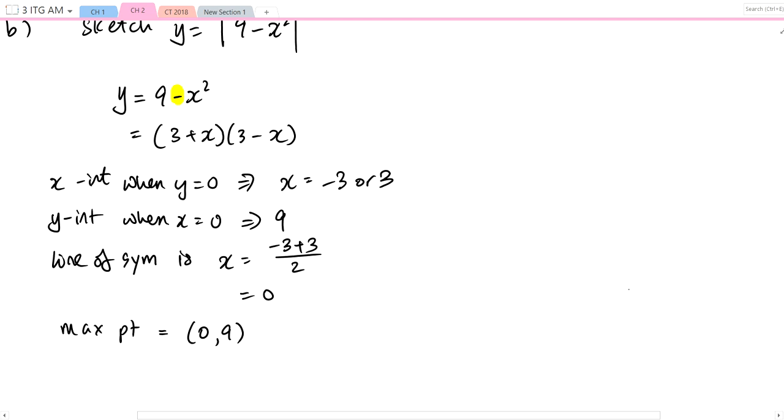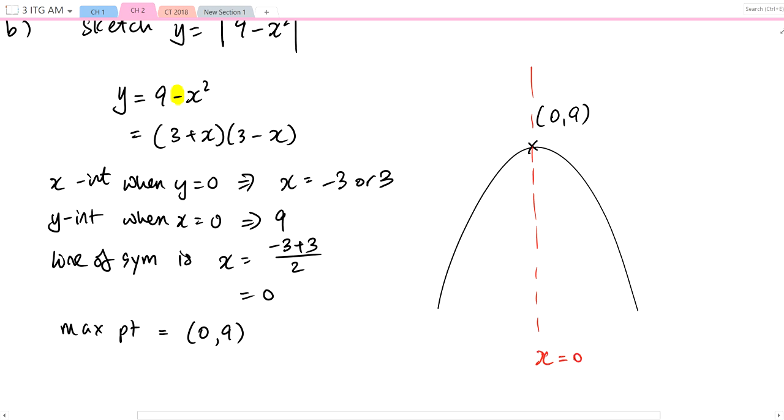Have some pride in your work. Okay, now a parabola opening downwards. Label the turning point. This is 0, 9, which tells us that our line of symmetry must be x equals to 0.